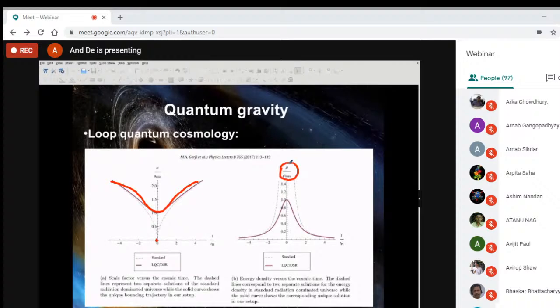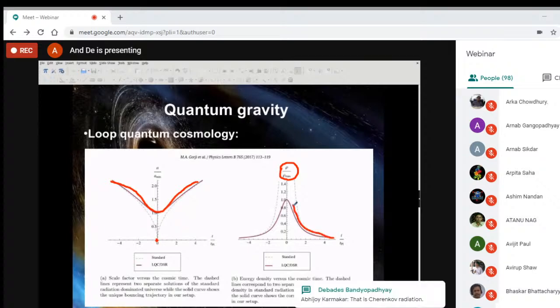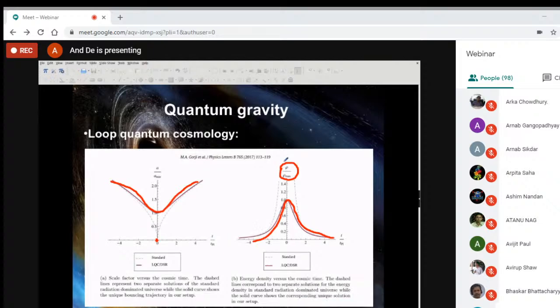One is plotting essentially the density of the universe, normalized. Notice that in the dashed lines, the density blows up to infinity. That's again the Big Bang. That's when everything gets squished together to infinite density. But in the purple or pink line here, the red line, it is bounded. And that means you do not have an infinite density.